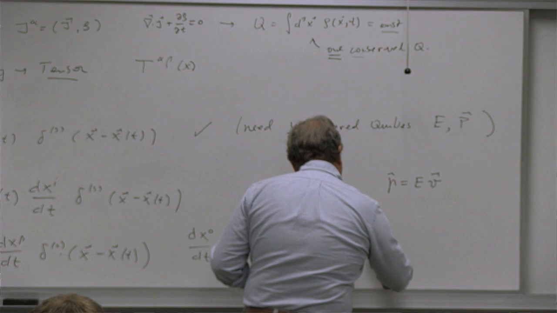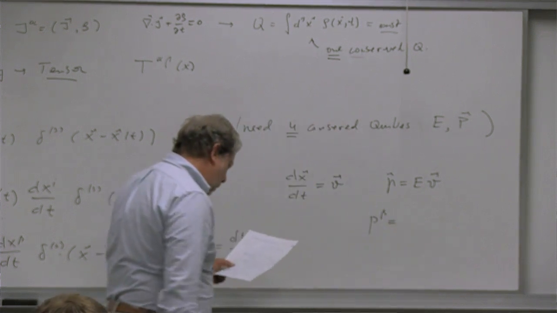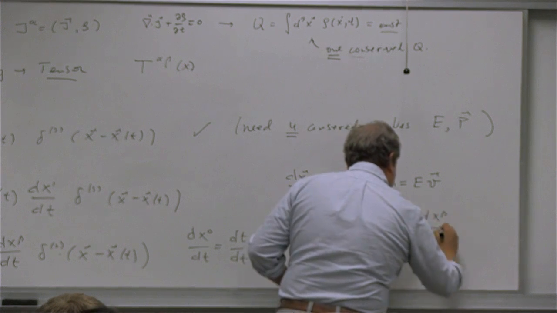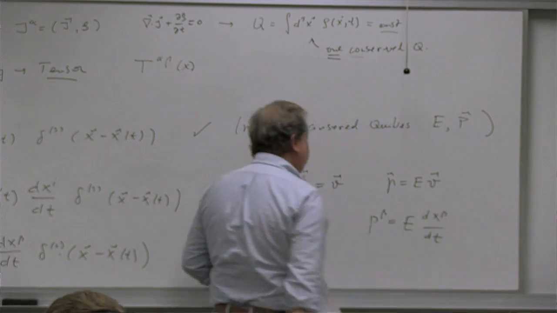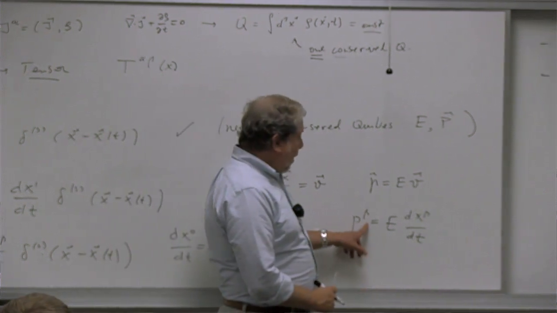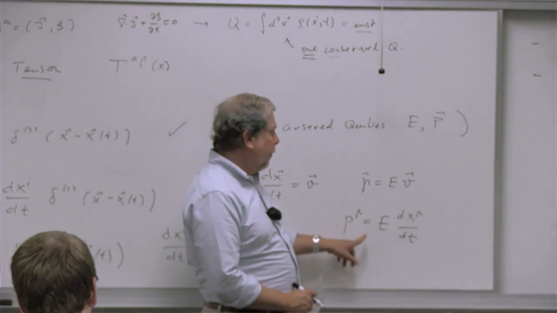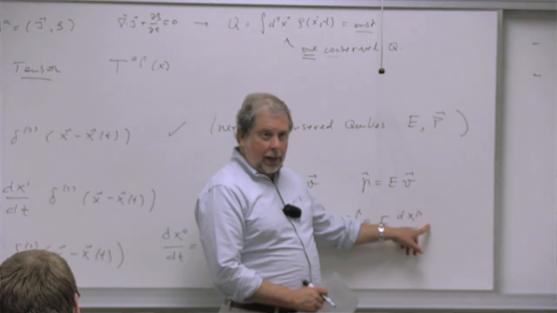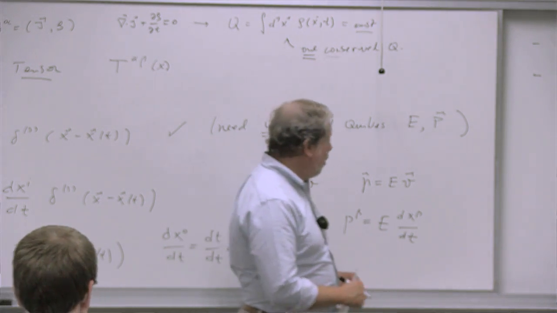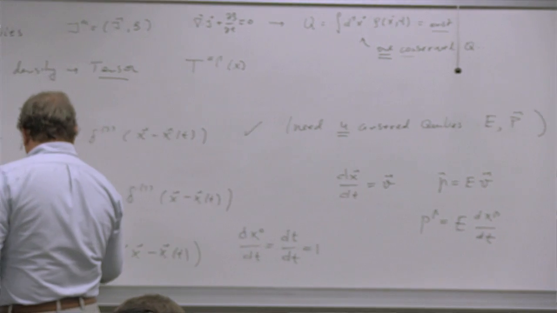So that means that we can write P^beta as E times dx^beta by dt. When beta is equal to naught, then we get P^0, which is the energy, dx^0, which is the time, with the derivative with respect to time being 1, so E is equal to E, so that works. So we're going to take that and use it for here.